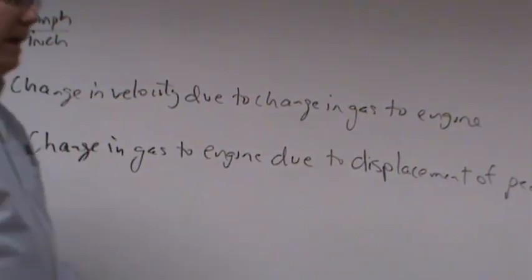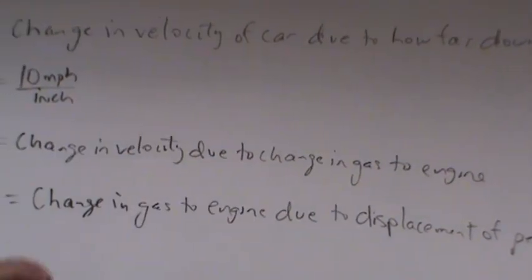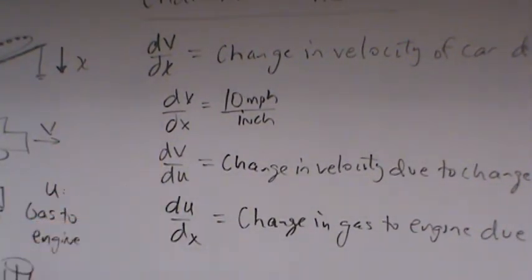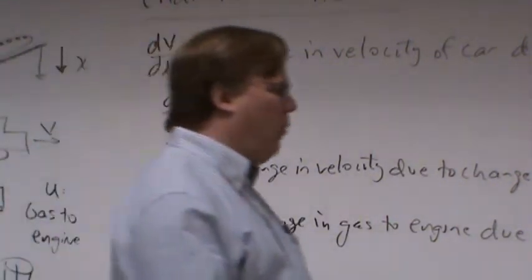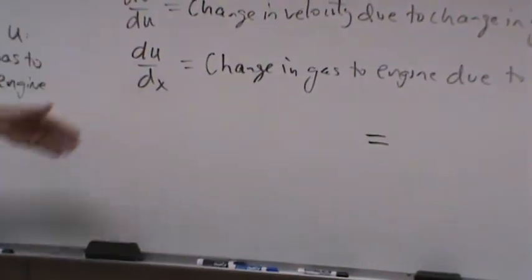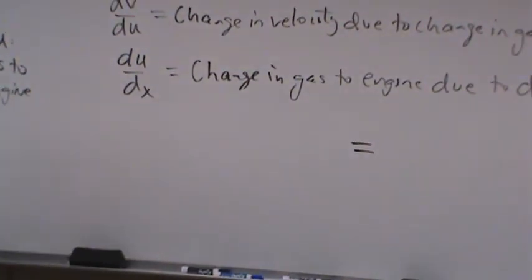In fact, I can say there's a relationship between dv dx, dv du, and du dx. Can someone tell me what's the relationship between these three rates of change? Like, how can I get an equation that relates these three guys, dv dx, dv du, and du dx?